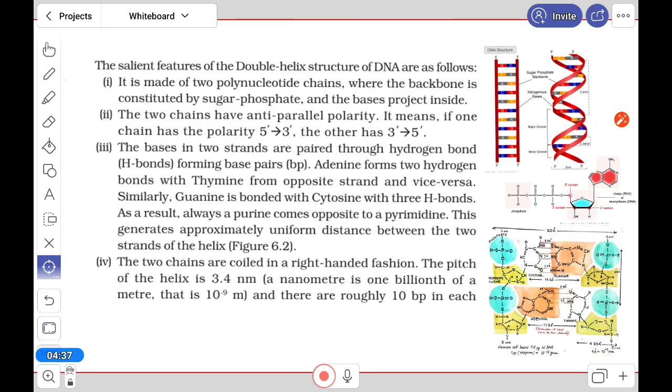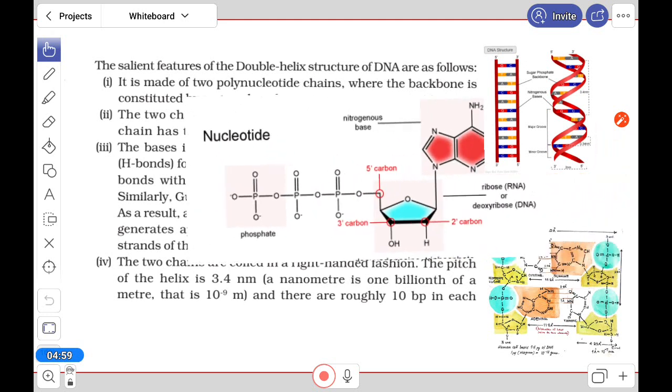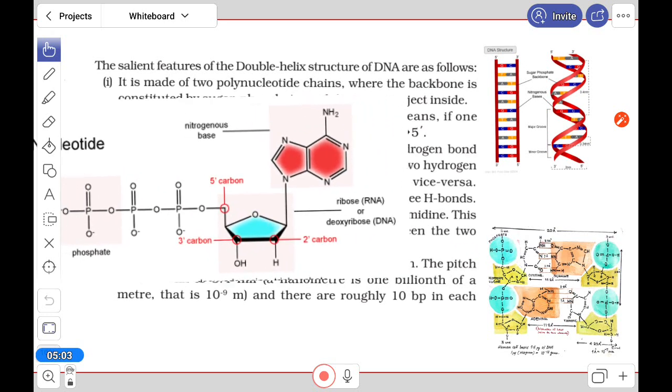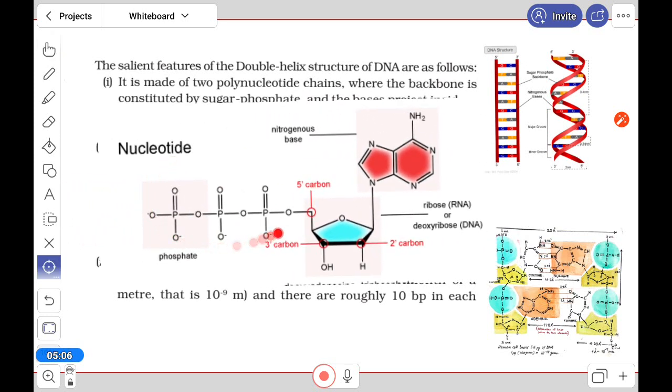Okay, now come here: salient features of the double helix structure of the DNA. This part is in your book, and it's very important. The first one: it is made of two polynucleotide chains, where the backbone is constituted by the sugar phosphate, and the bases project inside. If we see this diagram once again, here are the phosphate, the sugar, and the nitrogenous base.